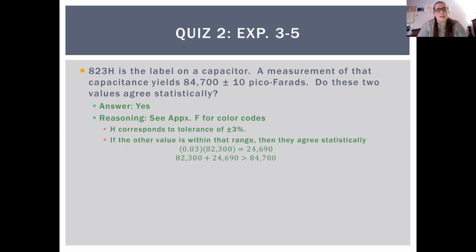For questions like this, we're going to refer to Appendix F to see those color codes for resistors, capacitors, all that jazz. Again, I know Mr. Gehring sent out an email about this today, but definitely make sure you have Appendix C, Appendix F, and Appendix I handy.